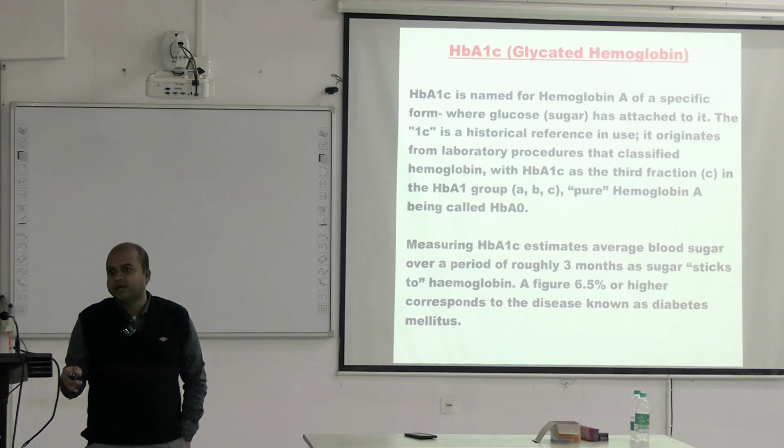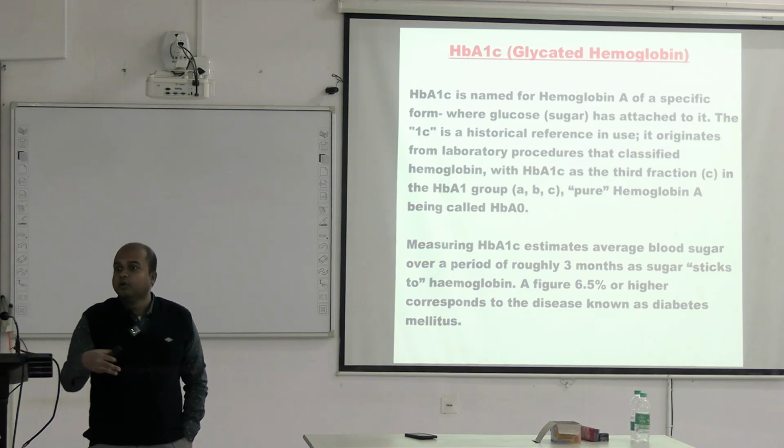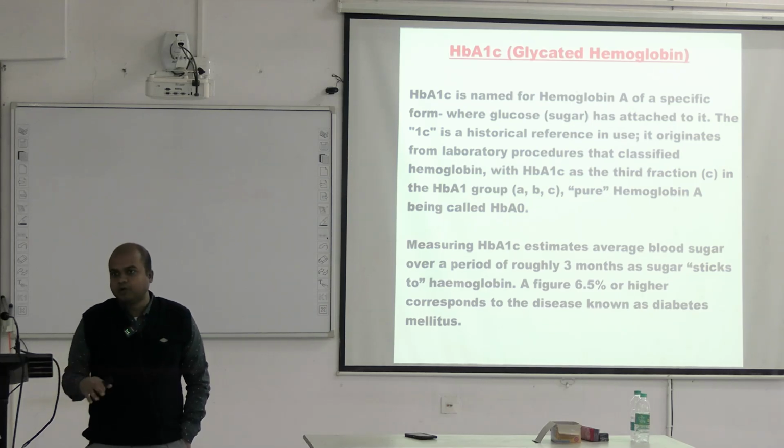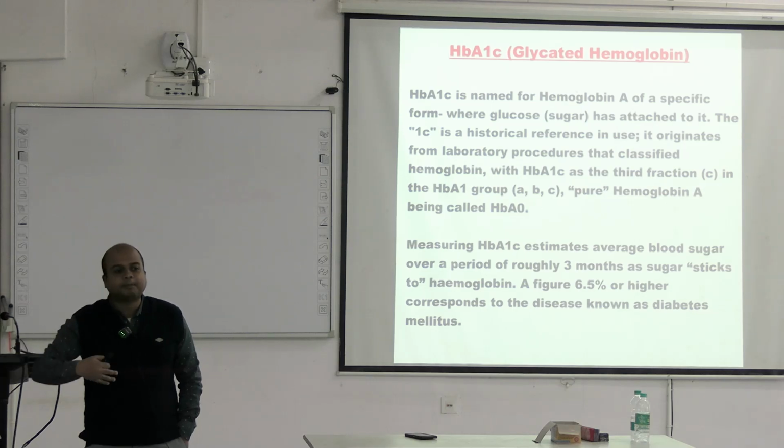So, that is why it is named. It is glycated hemoglobin. The clinical significance is that glucose, sugars are attaching to adult hemoglobin, and the lifespan of RBC is 120 days. So, measuring levels of HbA1c, as it is possible to measure in the laboratory, gives an estimate of the average blood glucose over the past 3 months.